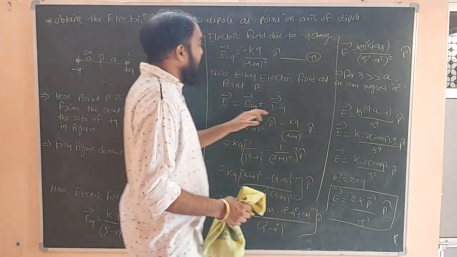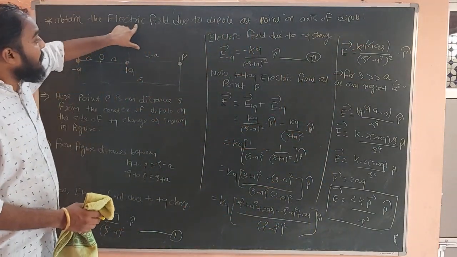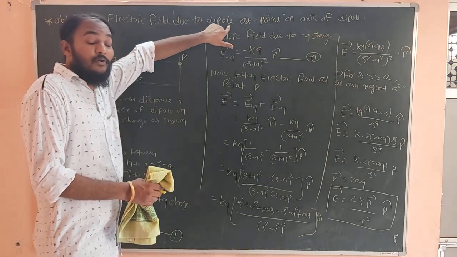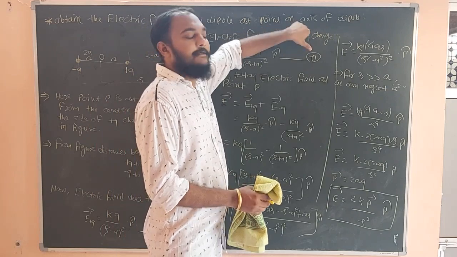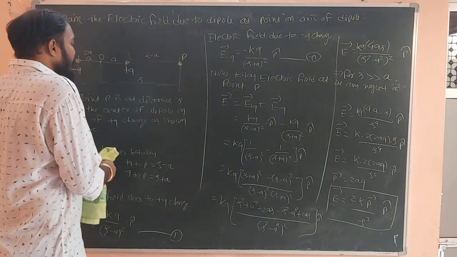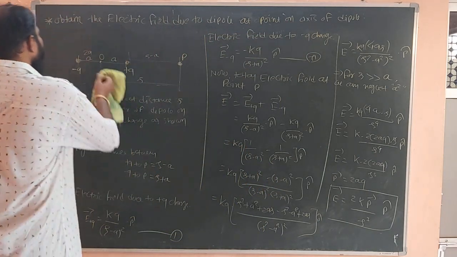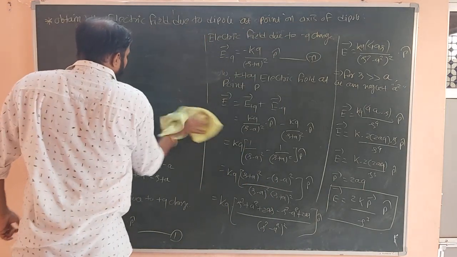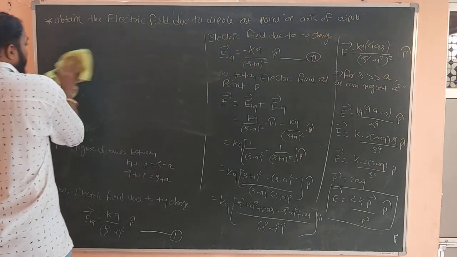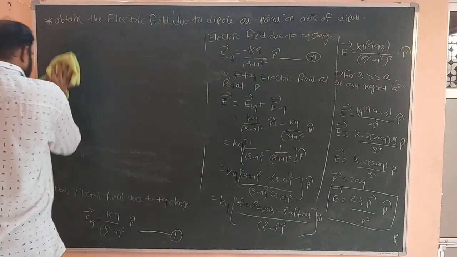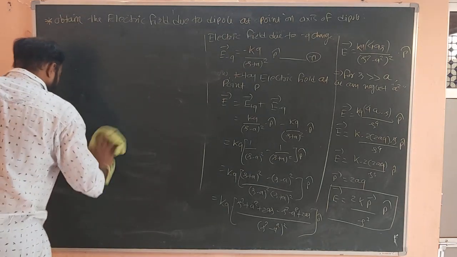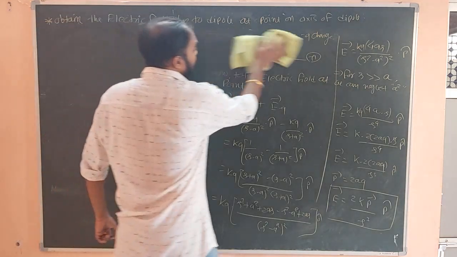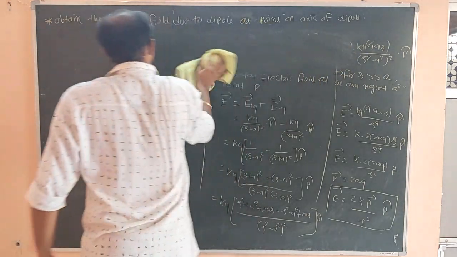Now we also want to obtain the electric field due to a dipole, but not on the axis, but on the equator. Okay, let us derive that equation. I have already told you what the equatorial line is. The equatorial line is a perpendicular line passing through the dipole.